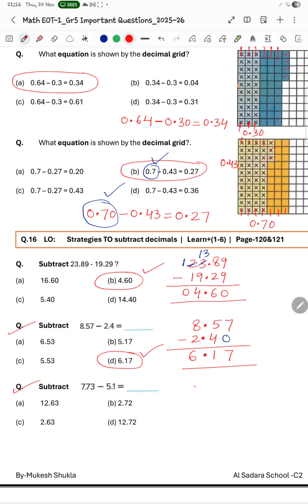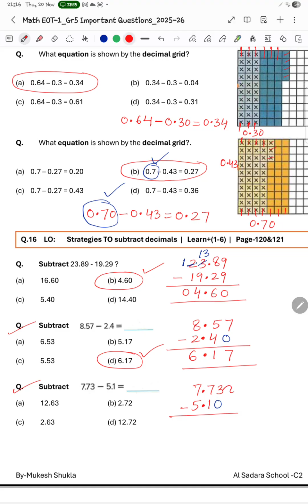Next question. 7.73 minus 5.1. So let's do one below the other. Minus 5.1. Since there is no digit below 3, I will put 0 from my side.